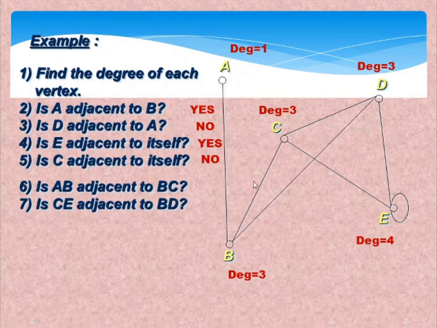So edge AB and edge BC are incident on the same vertex, that is B. So your answer is yes, the two edges are adjacent. But another question: is CE adjacent to BD? You can see that there is no common vertex incident on them. So the answer is no, right?